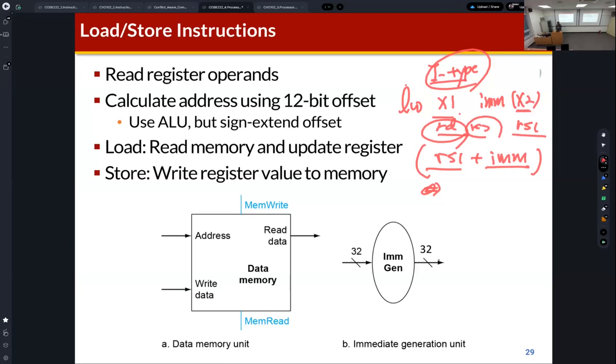In order to support memory instructions such as load and store, we need to perform RS1 plus immediate, which means that we need to get the immediate number from the instruction. This immediate number is added to the base address in RS1, and this becomes the address.